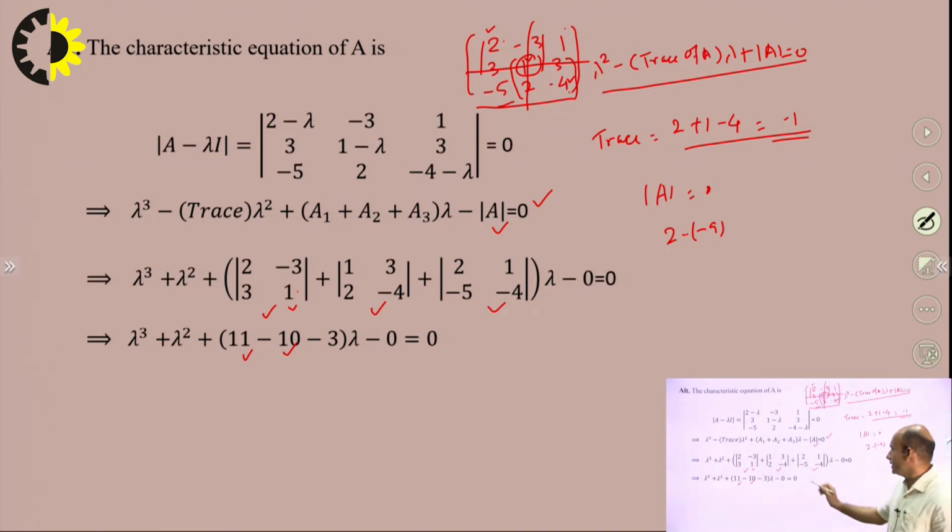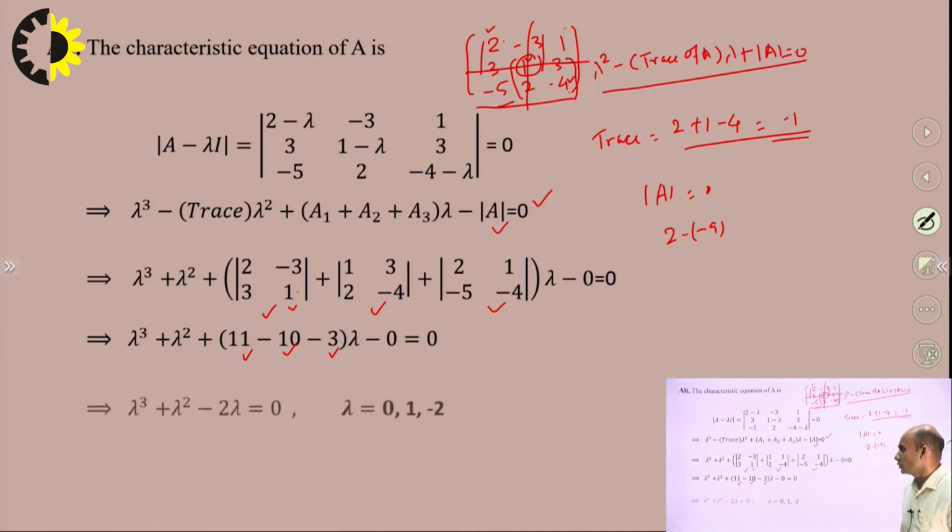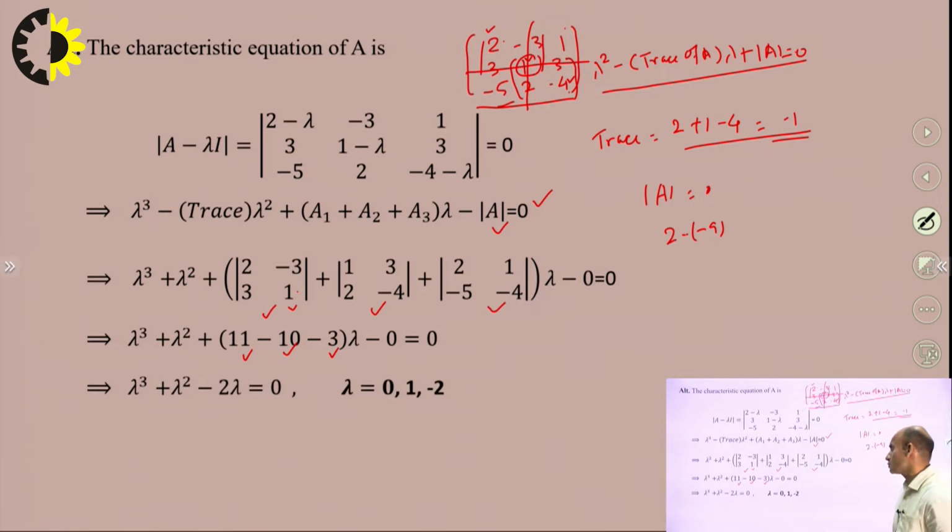And the last one we have minus 8 plus 5, so we have minus 3 here. So this is the characteristic equation, which is lambda cube plus lambda square minus 2 lambda equals 0. So again we have the same values 0, 1 and minus 2, because we have the same example, but we have taken an alternative method to make the characteristic equation here.